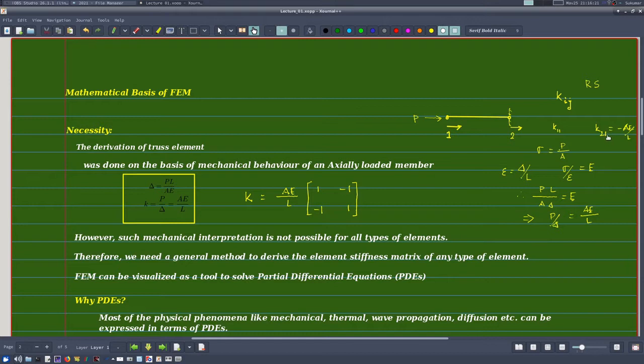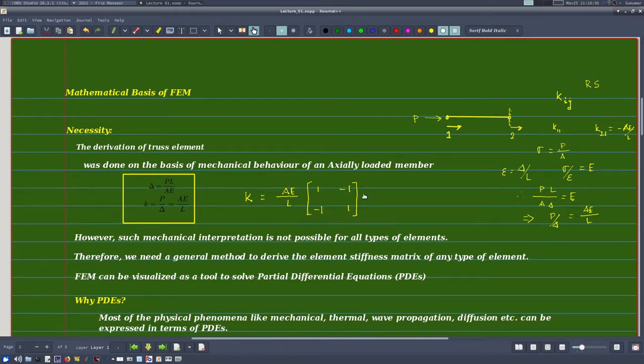Therefore, K21 will be minus AE by L. Similarly, when I give unit deformation at degree of freedom 2, by releasing this and fixing degree of freedom 1, again this force will be negative, so minus AE by L, and K22 will again be AE by L. So ultimately I get the stiffness matrix of the bar element as AE by L times [1 -1; -1 1].